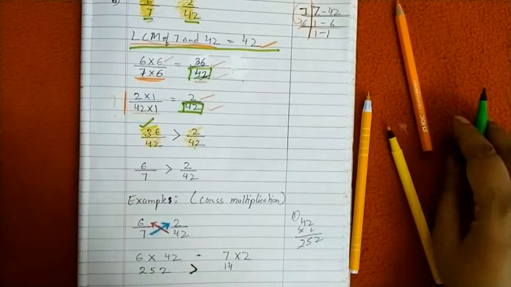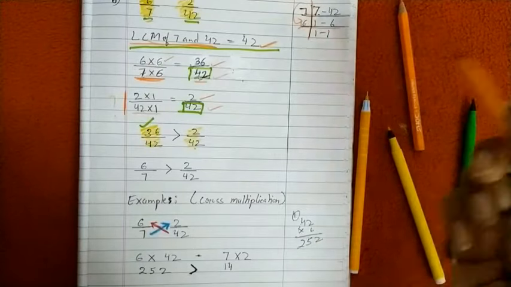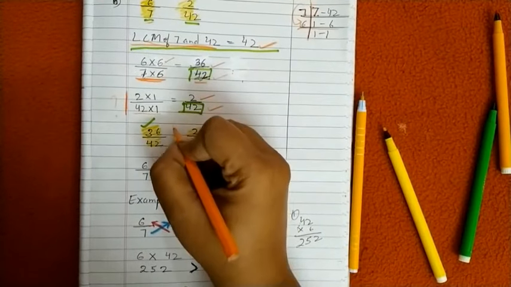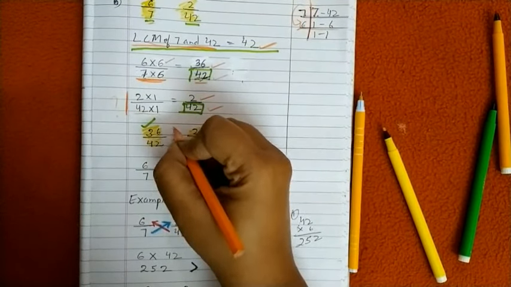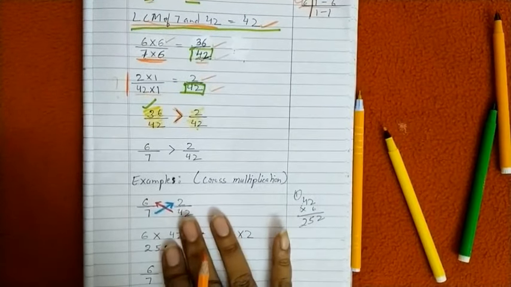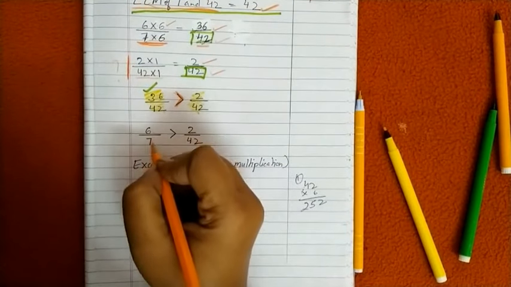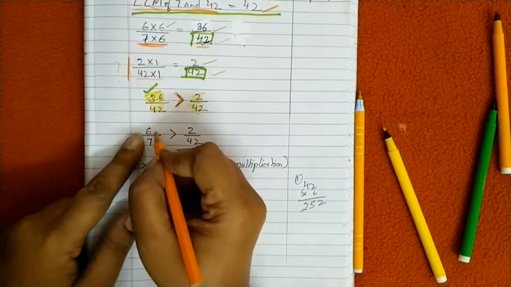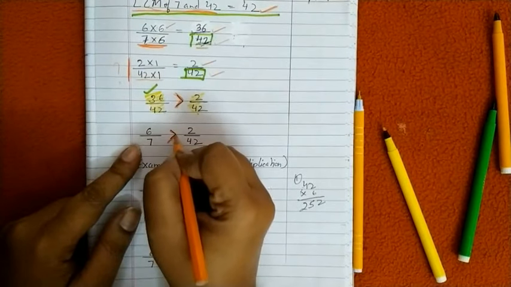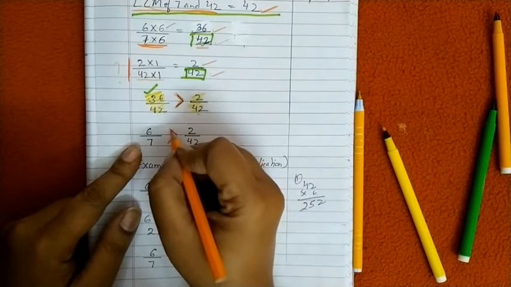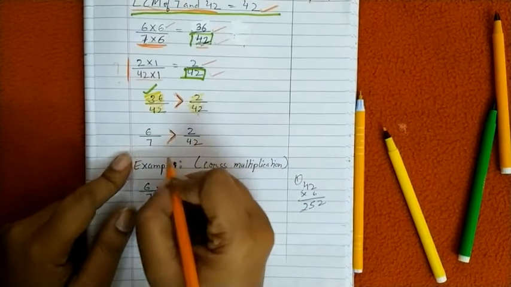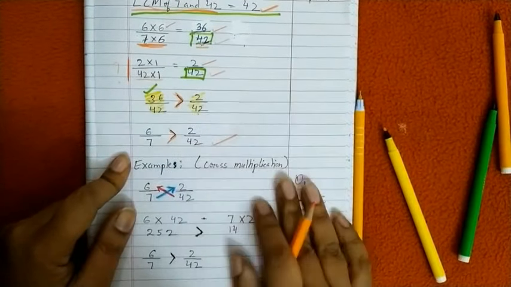So 36 upon 42 will be the greater one, meaning 6 upon 7 will be greater than 2 upon 42. So this is how we compare, children.